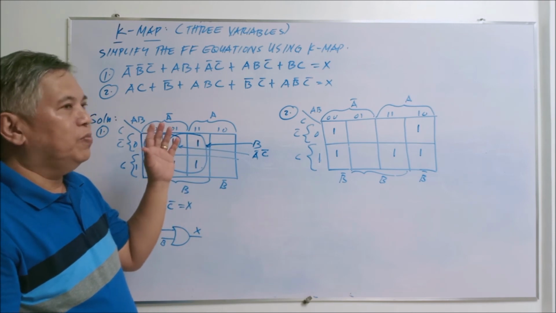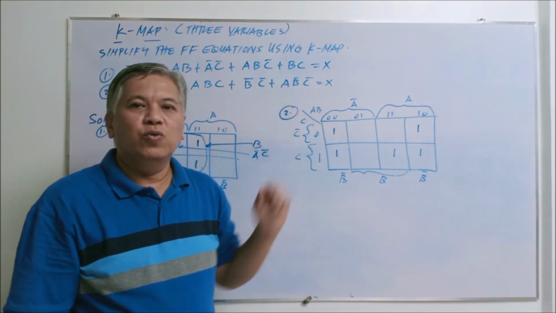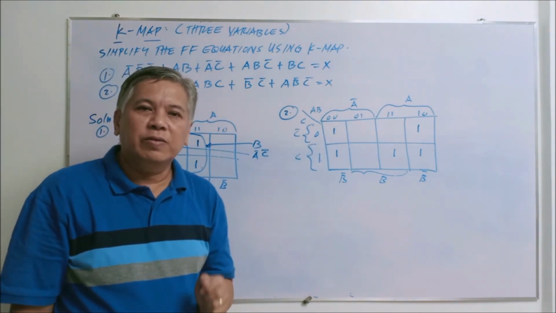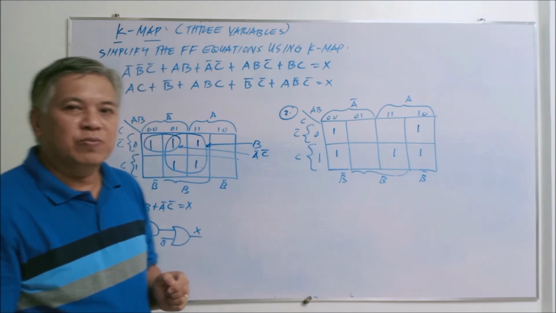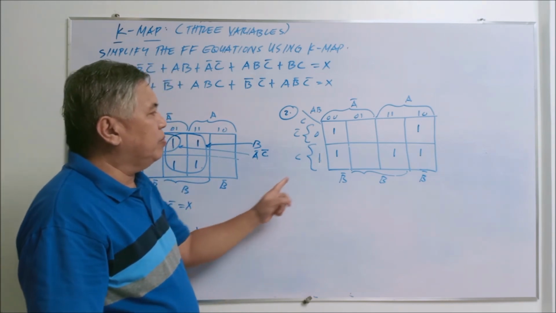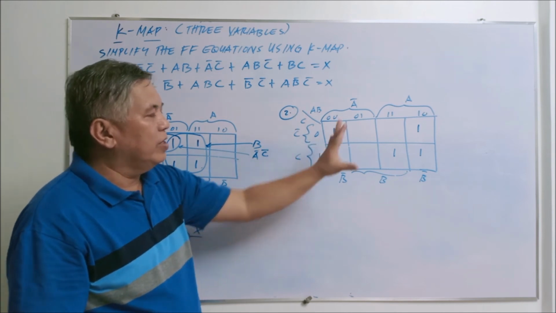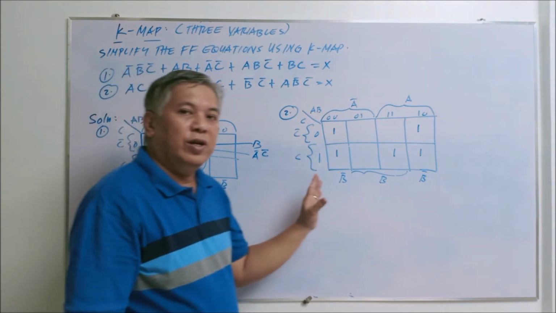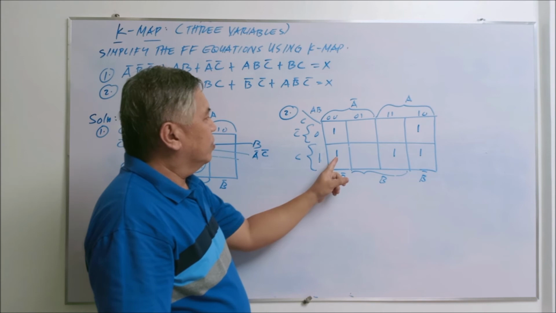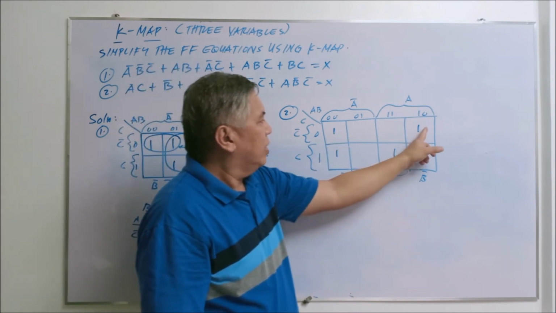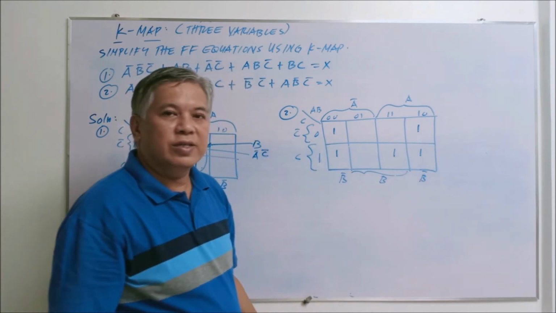So, what will be our grouping? 8, 4, 2, 1. So again, maximize the number of cells to be grouped. Okay, so in this particular case, there's no 8 adjacent cells. So we go to 4 adjacent cells. So we have this one and this one are adjacent.